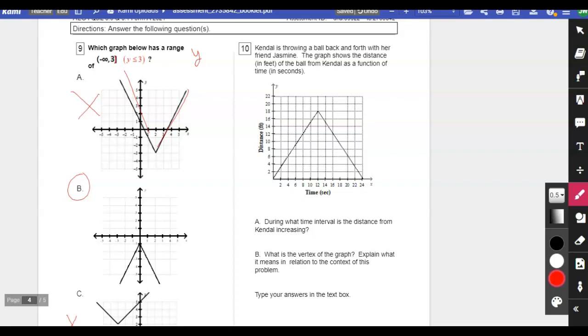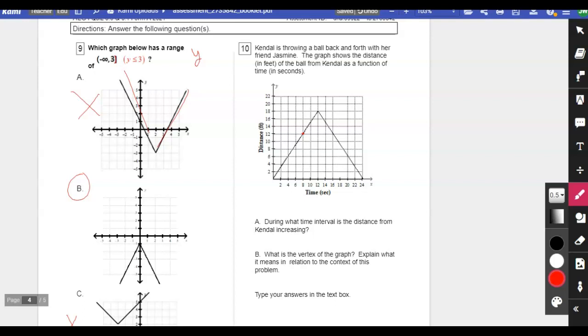It says, Kendall is throwing a ball back and forth with her friend Jasmine. The graph shows the distance in feet of the ball from Kendall. So if I pick one right here, after 8 seconds, the ball is 12 feet away from Kendall.